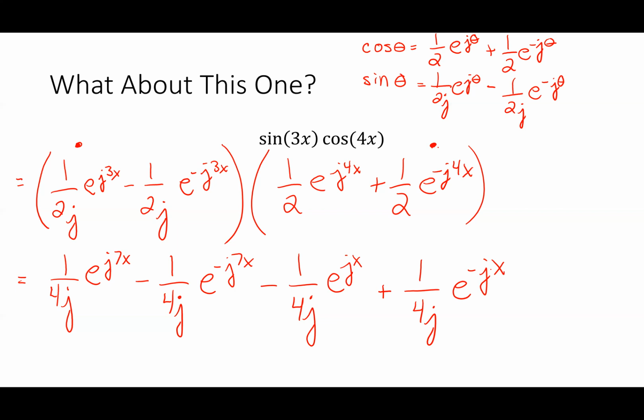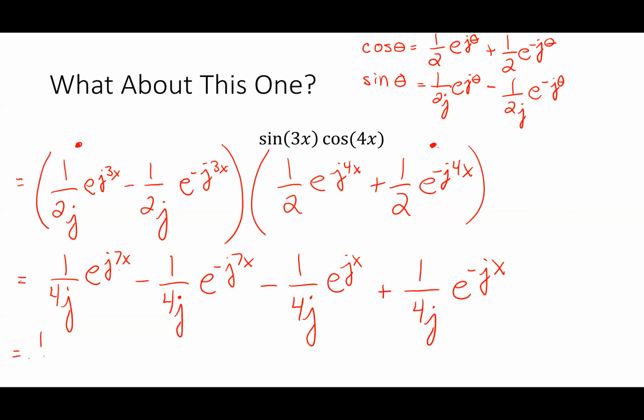Well, we don't have any canceling out going on. Let's take a look at the first guy, 1 over 4j. Does this in any way look familiar? It looks kind of like this sine function up here. What would theta have to be here? 7x, right?